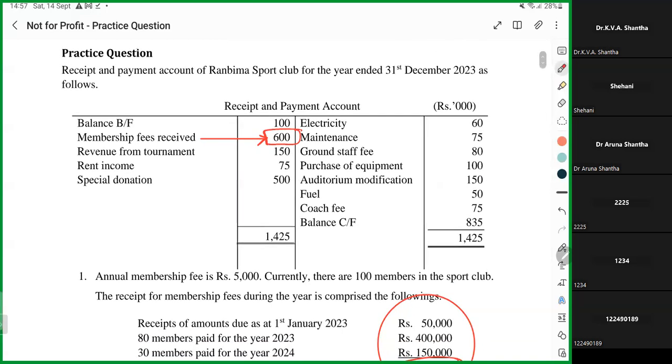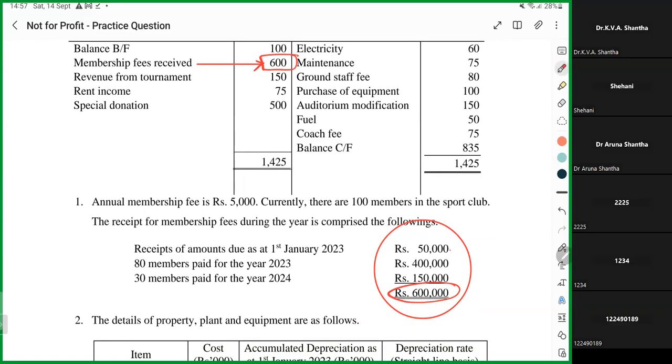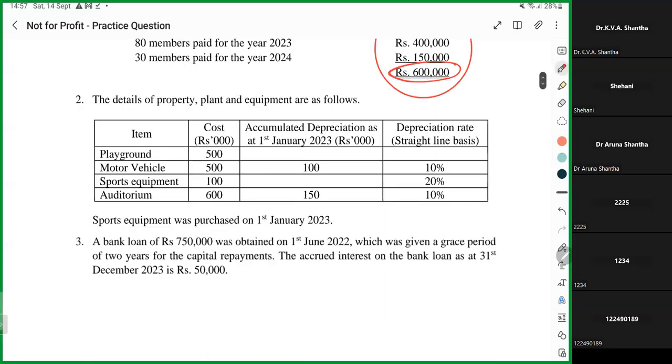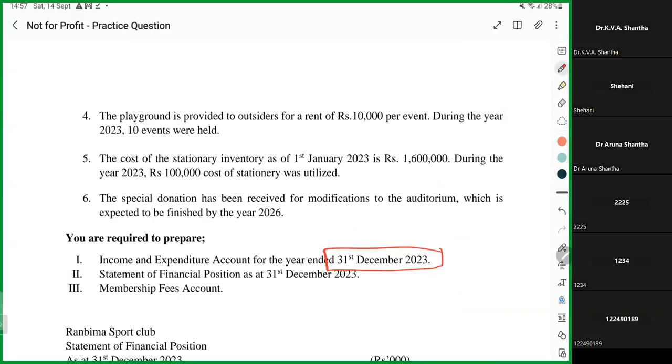Now, the 600,000 includes 50,000 for amounts due as at 1st January 2023. According to the question, our financial year ends 31st December 2023 and begins 1st January 2023.